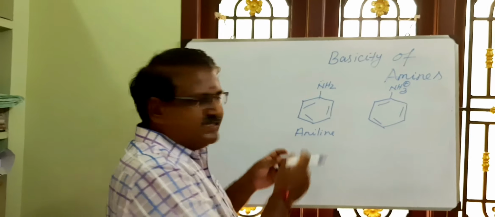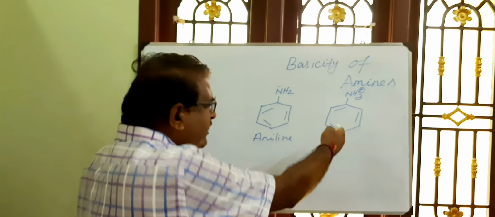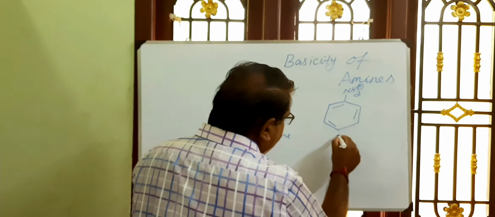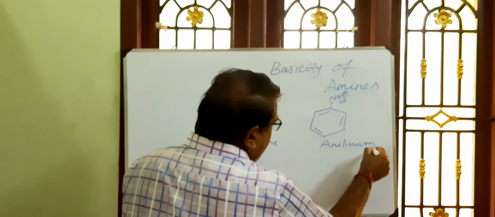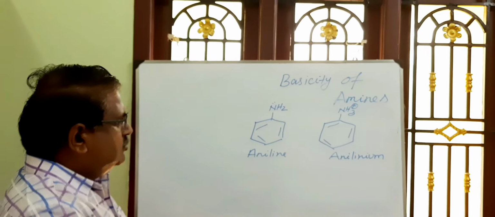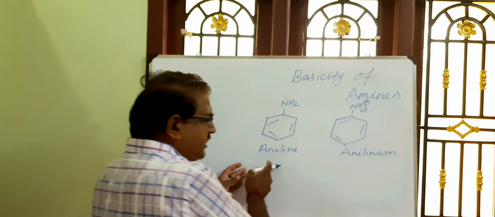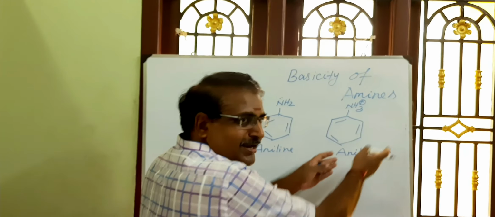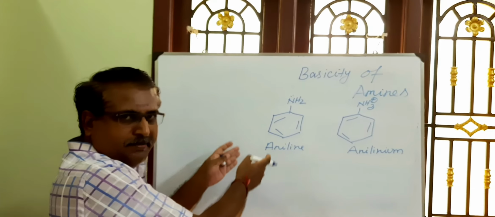Now let us see the resonance structures of aniline as well as the anilinium ion. This is called the anilinium ion. On the basis of the number of resonance structures for aniline and anilinium, we are going to say whether aniline is a strong base or not.